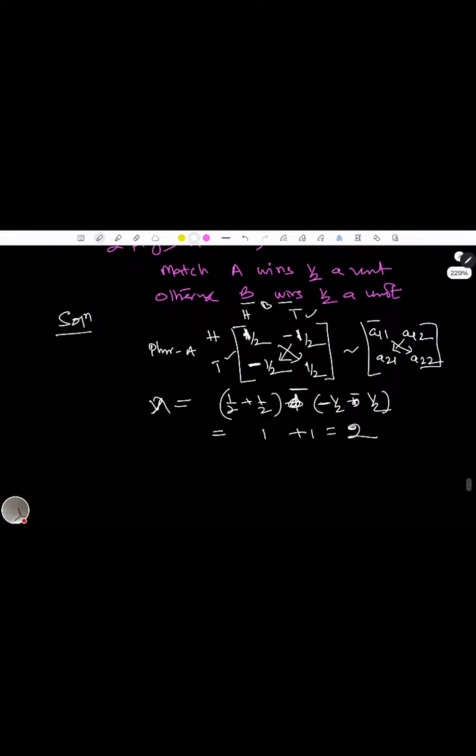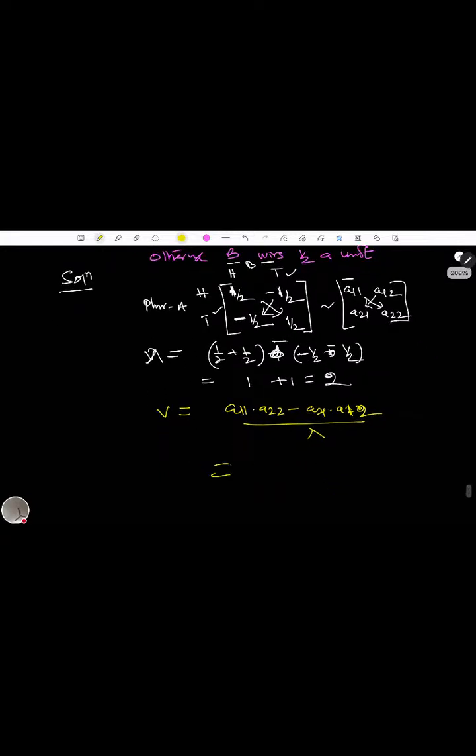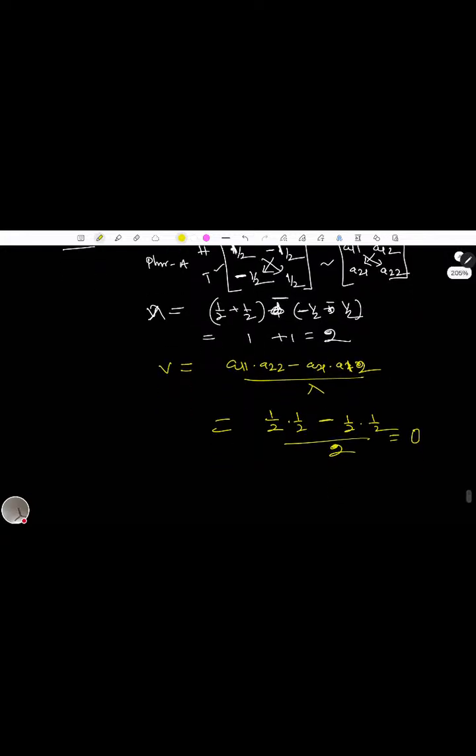Lambda is here 2. So now what is the value of the game? The value of the game V will be here A11 into A22 minus A21 into A12 divided by lambda. So this will be here half into half minus half into minus half, divided by lambda, where lambda is 2, which is 0. So the value of the game is 0.